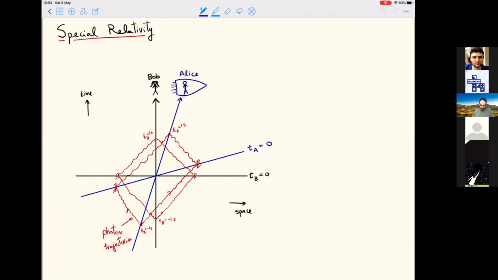Of course you can do the same game of emitting light, and the points on the blue t equals 0 line are the points of reflection on the mirrors. I think this is basic to most of you. If there is any question from some beginner, we can spend a minute clarifying, but otherwise I'll move on.